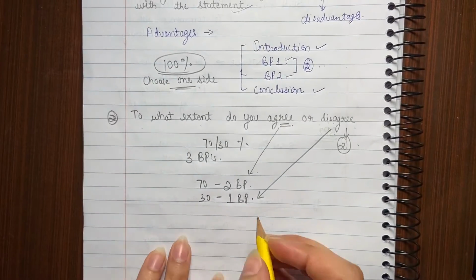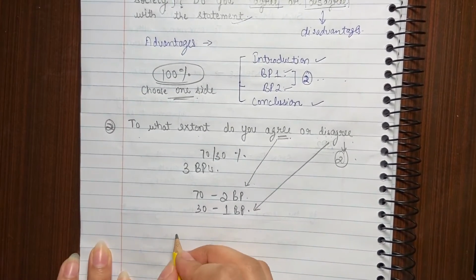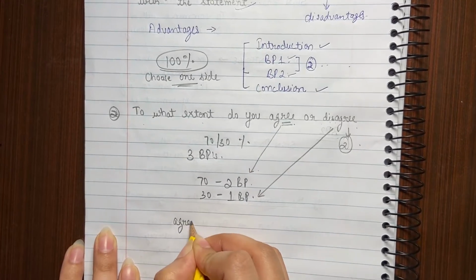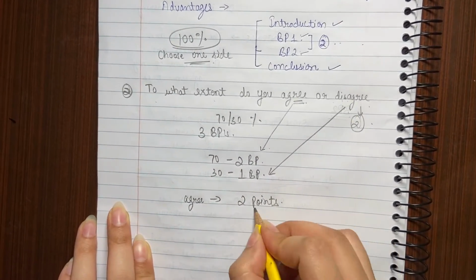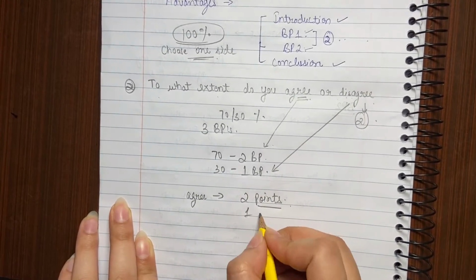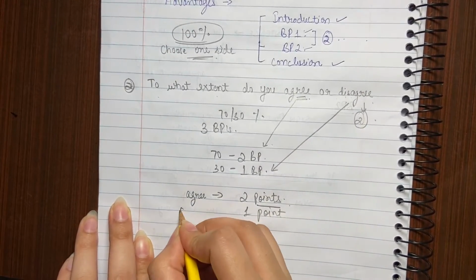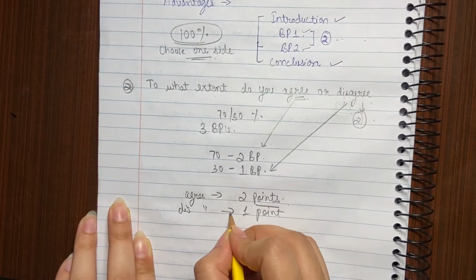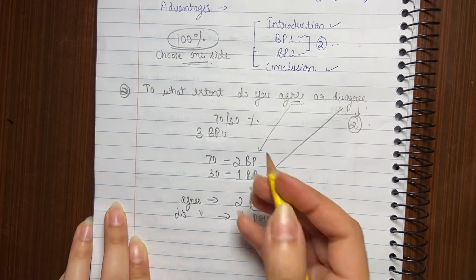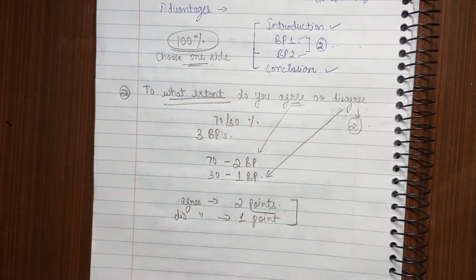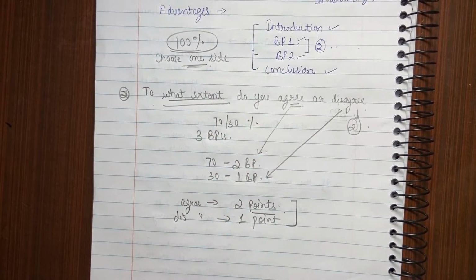For example, if you agree with the statement, you will give 2 points for the agreement and 1 point for the disagreement. So, in total, this will explain to what extent you have agreed or disagreed with the statement.